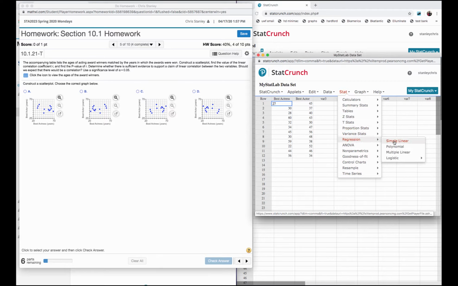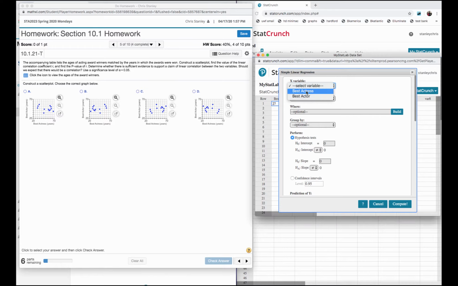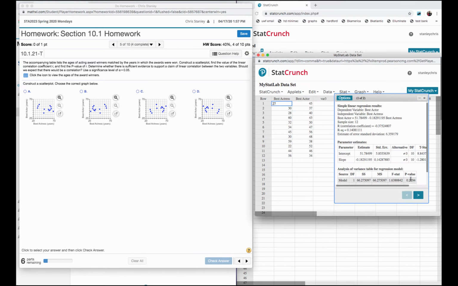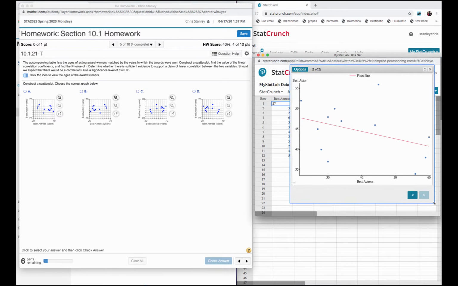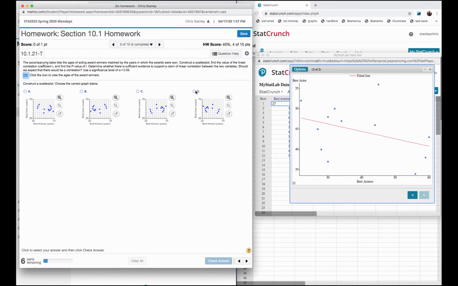So regression, simple linear. Okay, make your actresses the X, your actors your Y. Keep all that the same, and I'll take a quick look at the graph to see which one it looks like. So I got these 3 guys over here that look like they match these 3 with 2, so it looks like D's the answer.